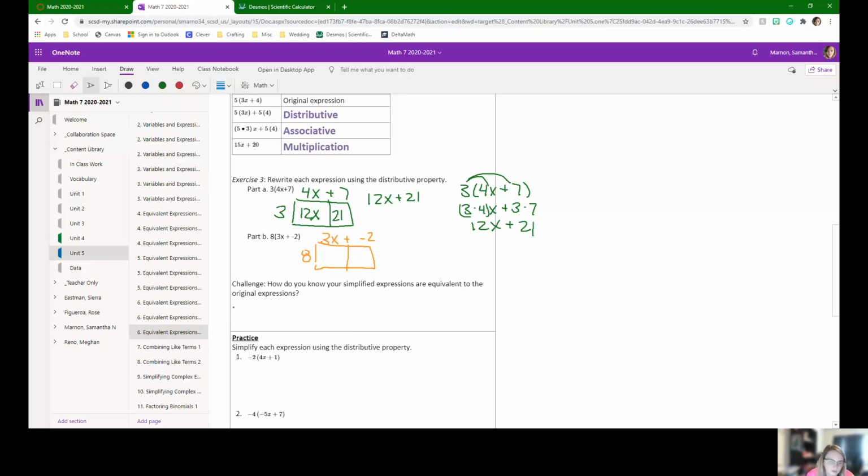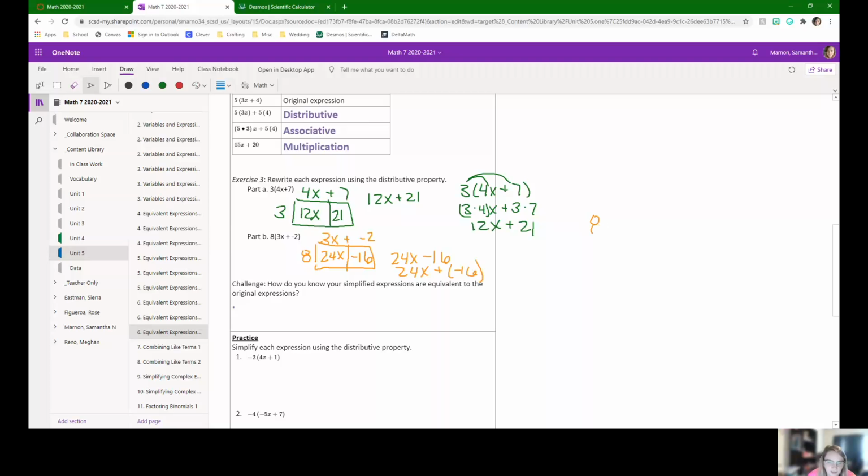Well, 8 times 3 is 24, and the x just kind of comes along for the ride. 8 times negative 2 is negative 16. So you could write this as 24x plus negative 16, or you could even just say 24x minus 16. They're exactly the same. You can have it 24x plus negative 16 if you like that way better.